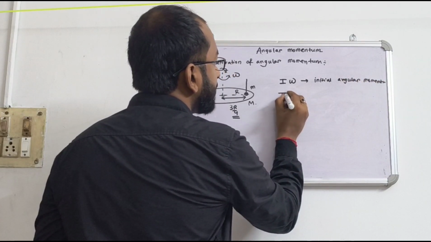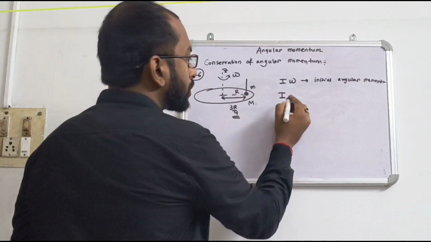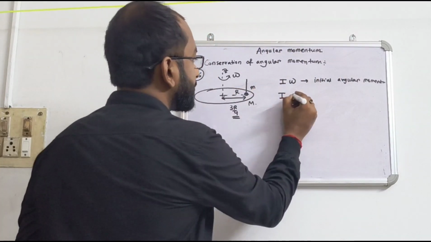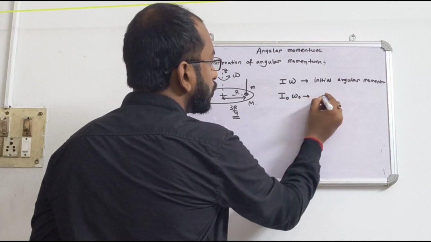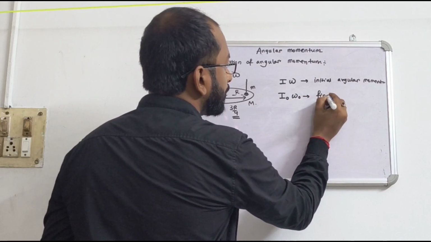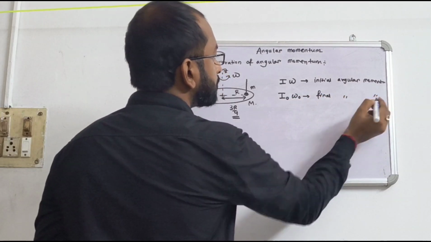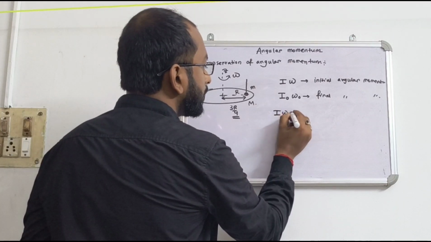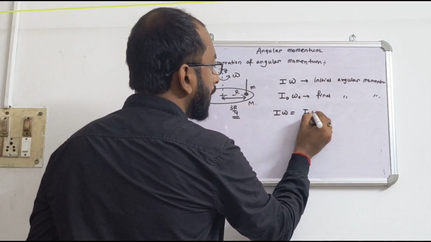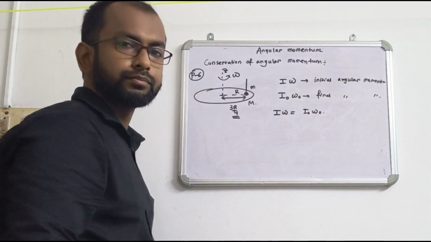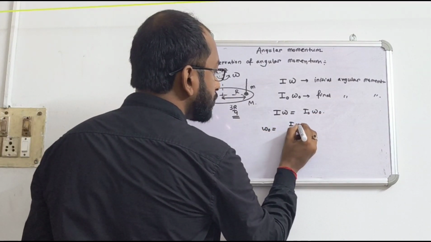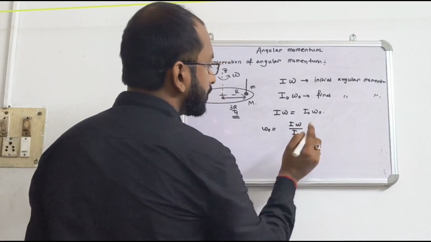Let's say the velocity is becoming omega naught and the new moment of inertia is becoming I naught with respect to this axis. So I naught omega naught will be the final angular momentum. Now from the conservation of angular momentum, I omega will be equal to I naught into omega naught. So omega naught is I into omega by I naught.